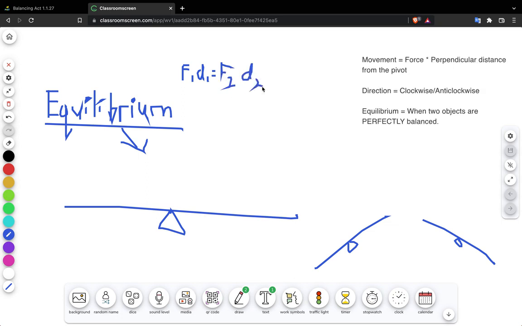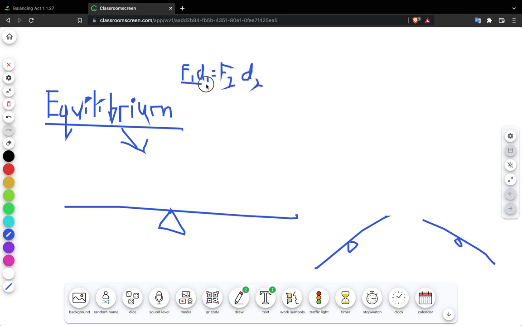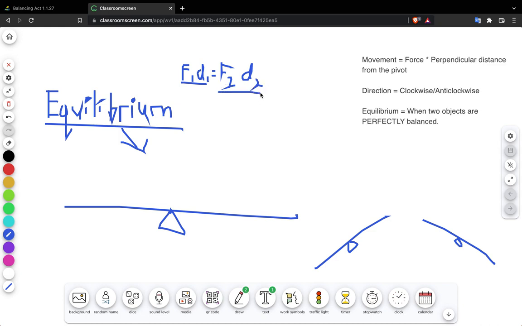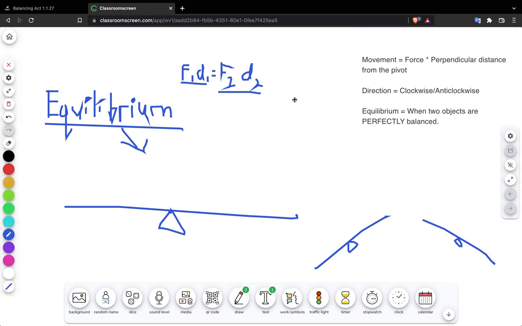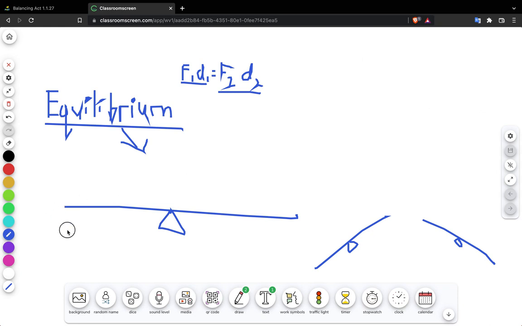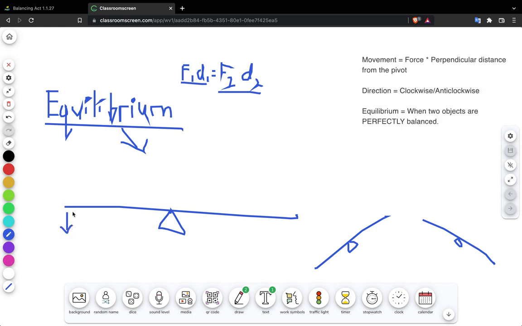Now what does this stand for? F1 D1 is equal to F2 D2. F stands for force and D stands for distance, correct? So the force here is pulling downwards, and the distance here.